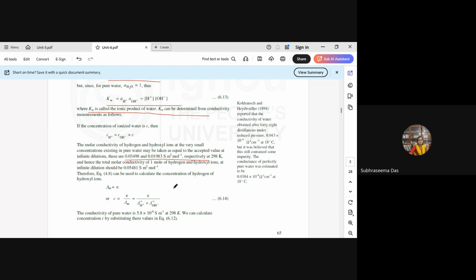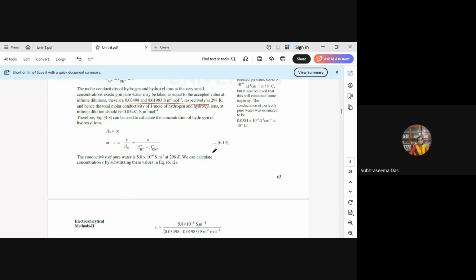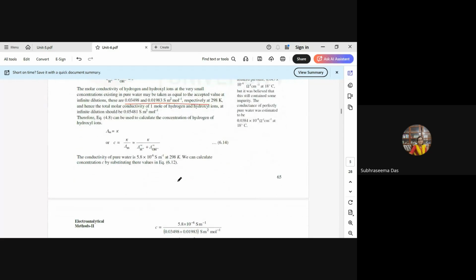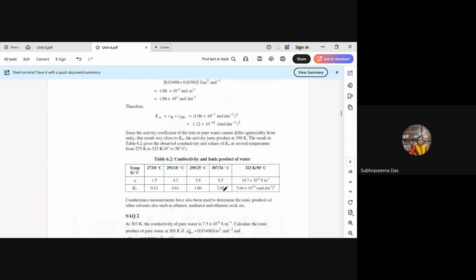Using this equation 4.8, we can calculate the concentration of hydrogen ions, which has been found to be 5.8 into 10 to the power minus 6 Siemens per meter at 298 K. Since the activity coefficient of ions in pure water cannot differ appreciably from unity, this result is very close to Kw.